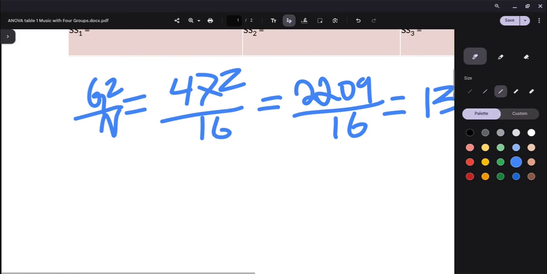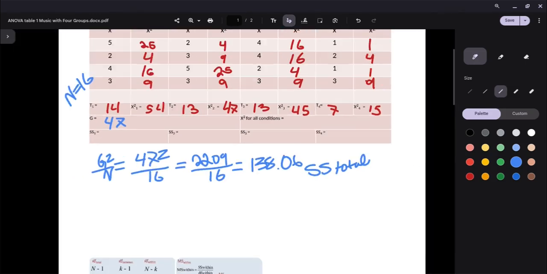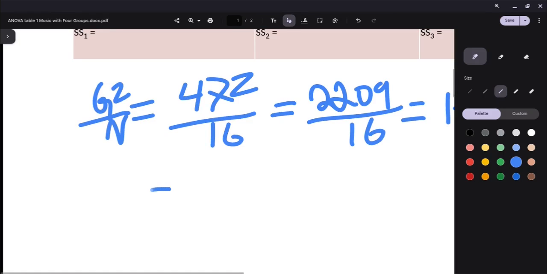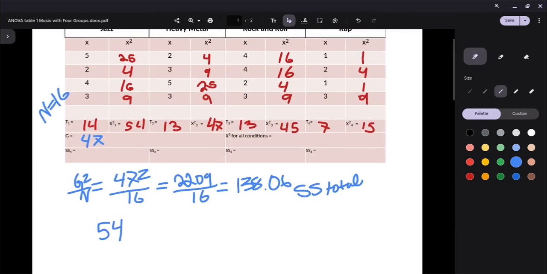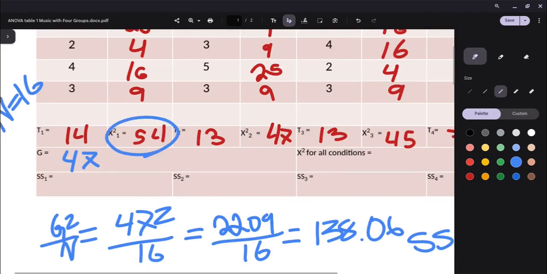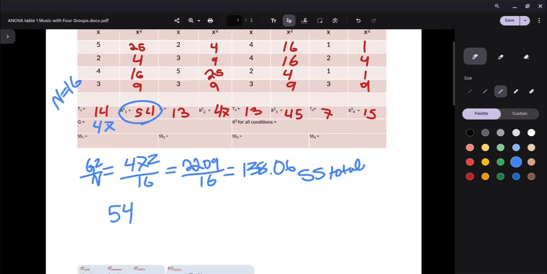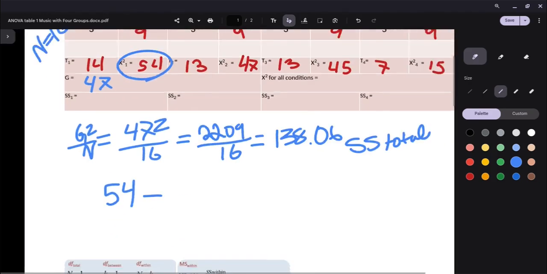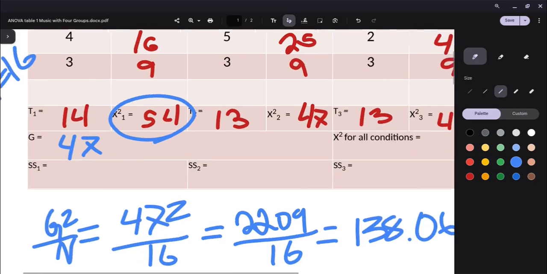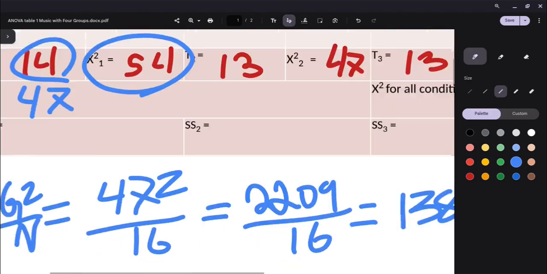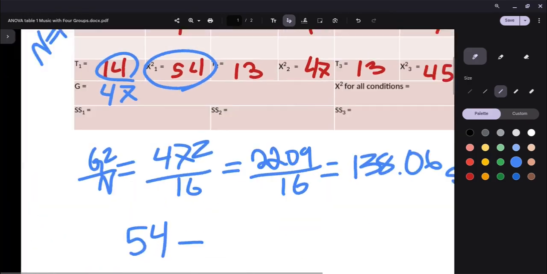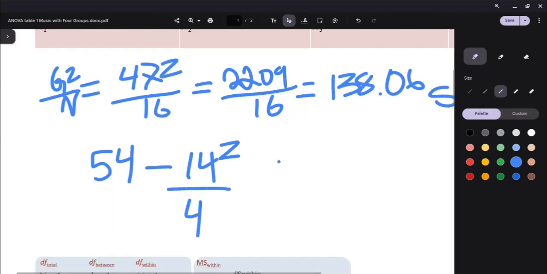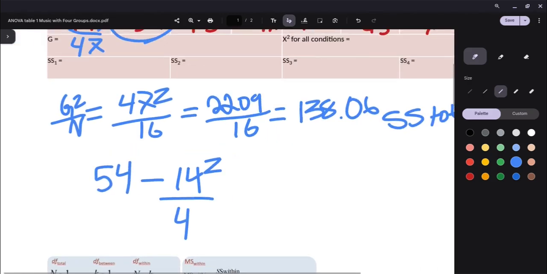So, so you can actually see it better, it'll be the sum of x squared, which will be 54 for our first one, which is right here, x1, minus the total of the scores, which is our T1 right here, squared over 4, because that's how many actual cells we have going down.